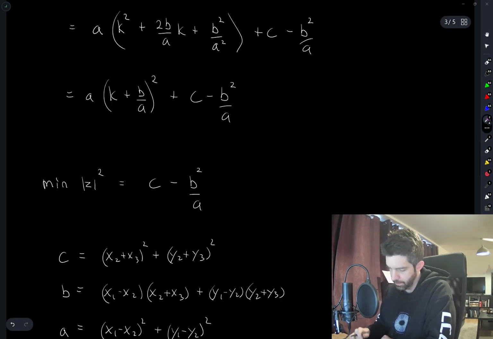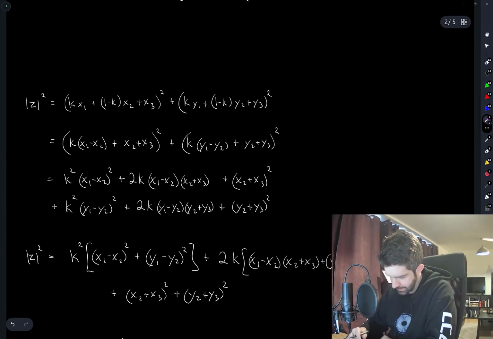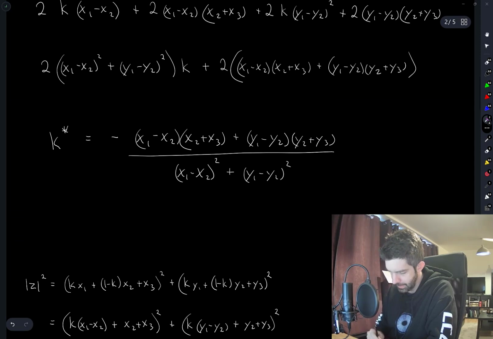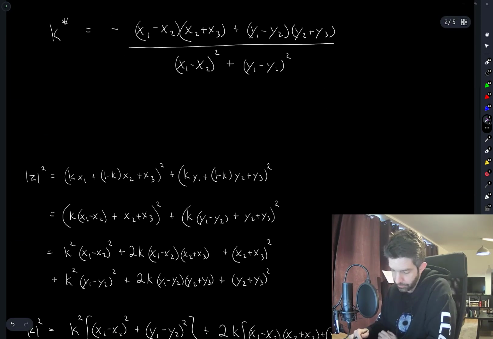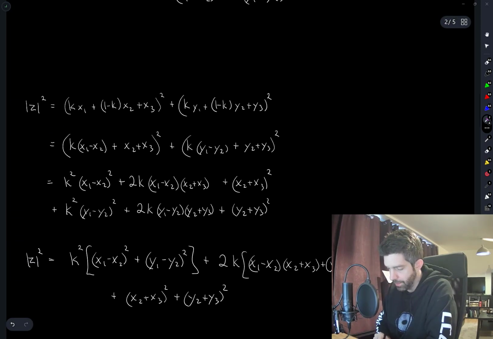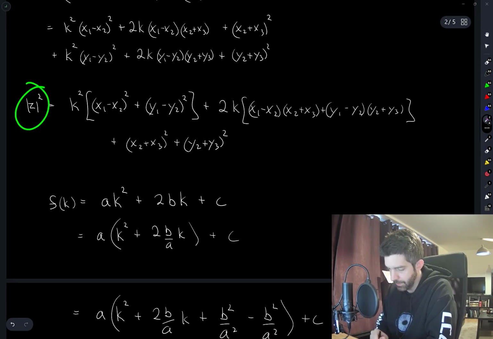Okay, so I've worked out a whole bunch of algebra and details here. I'm not using this method anymore. I'm just going to complete the square. I've written the modulus squared like this and simplified to write it as a quadratic expression in k.